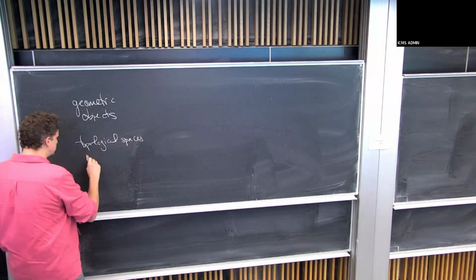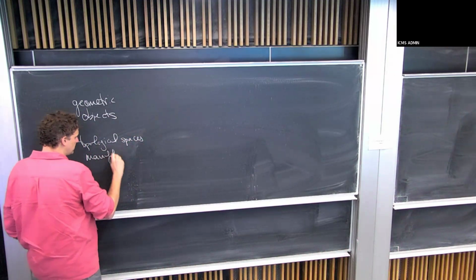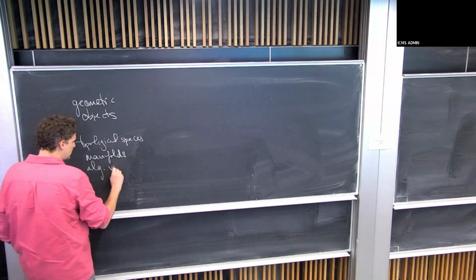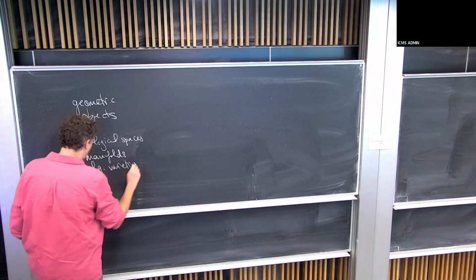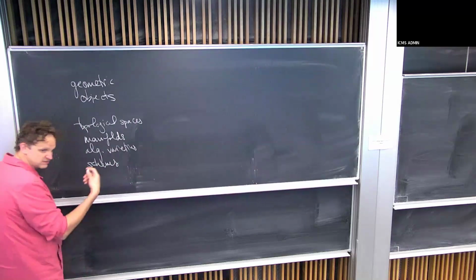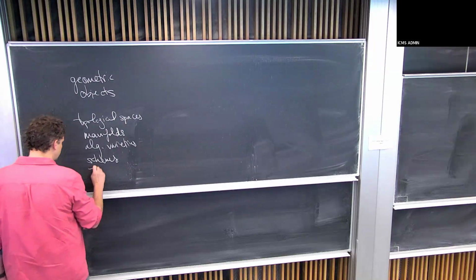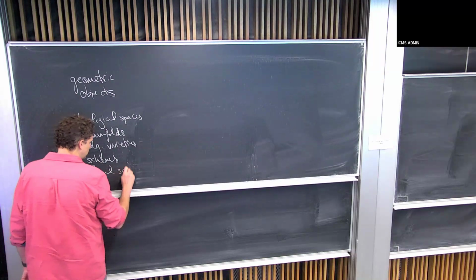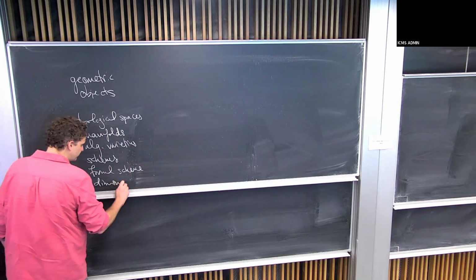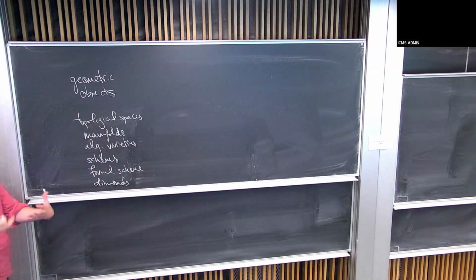Or maybe you want to do something more sophisticated and work with manifolds, or certain kinds of algebraic varieties, or schemes, or formal schemes, or things still, diamonds, I don't know, all kinds of fancy things that you can imagine thinking about. These are things that have some sort of geometry attached to them at some level.